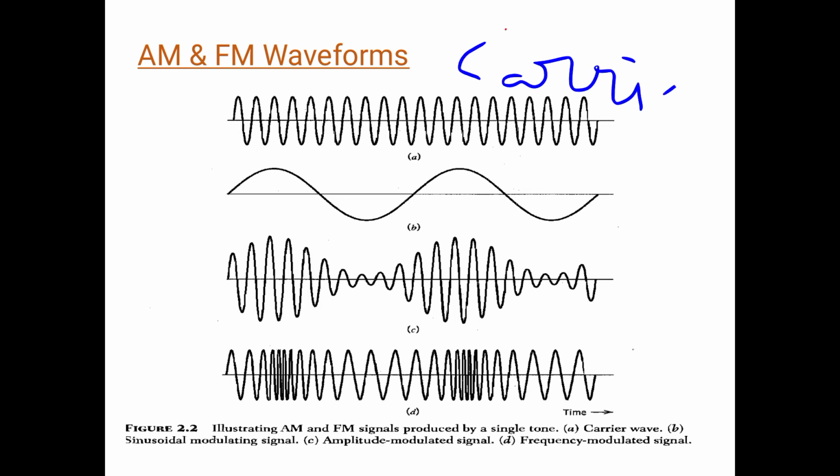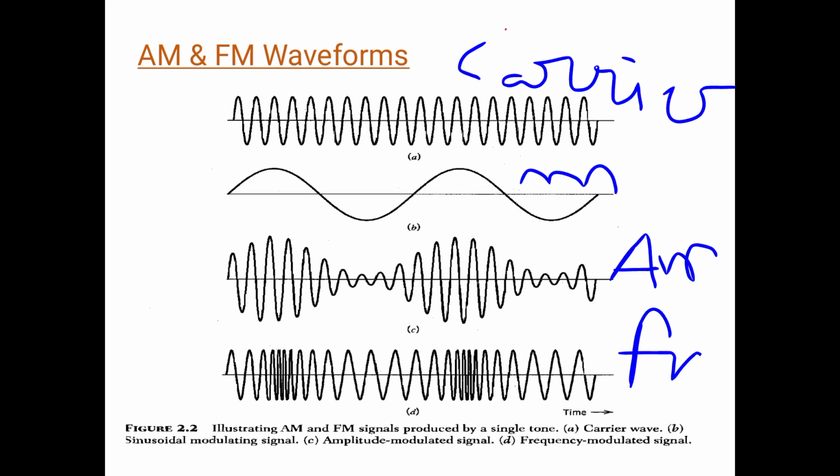The second one is the message signal. This is the AM modulated signal. This is the FM modulated signal. Here observe, the carrier signal has a high frequency, constant amplitude and constant phase. Next to it we have the message signal. It has a low frequency.